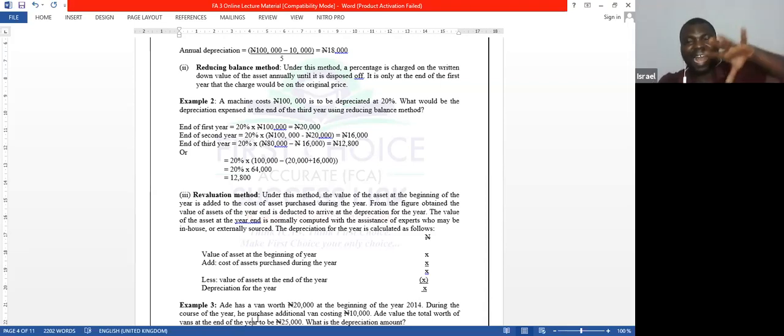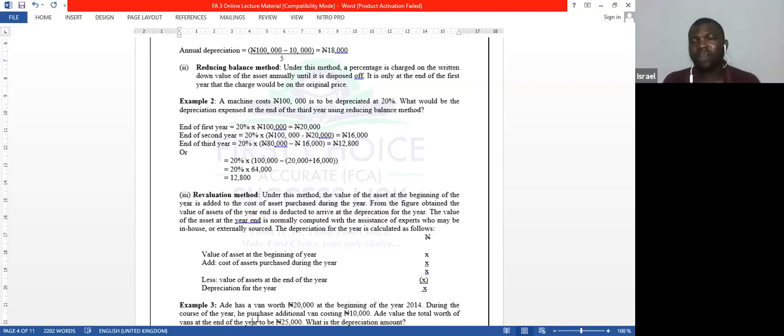So I have the beginning of the year value, and during the year I purchased more and added them together. Now, compare that figure to the value of what I have at the end of the year. The difference there will be my depreciation.